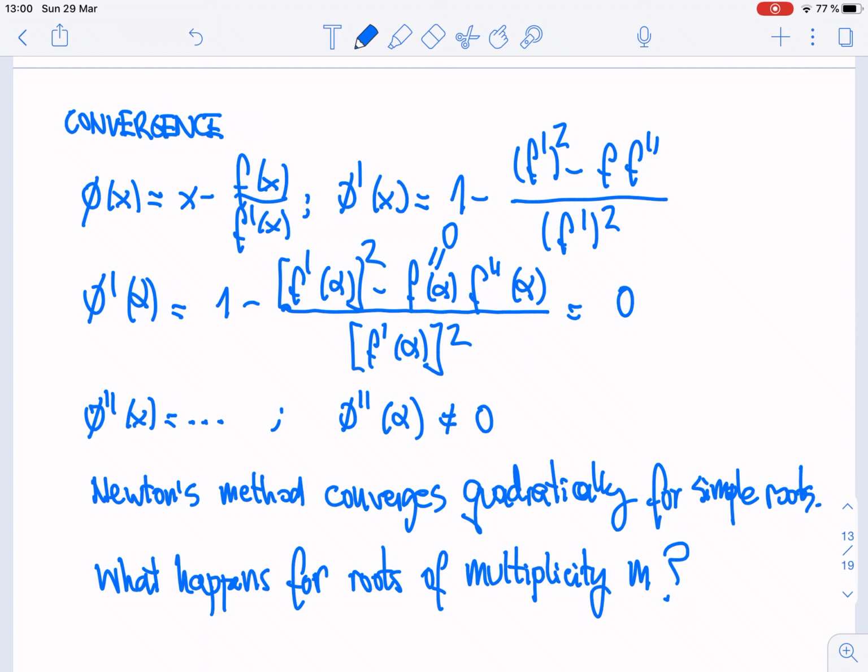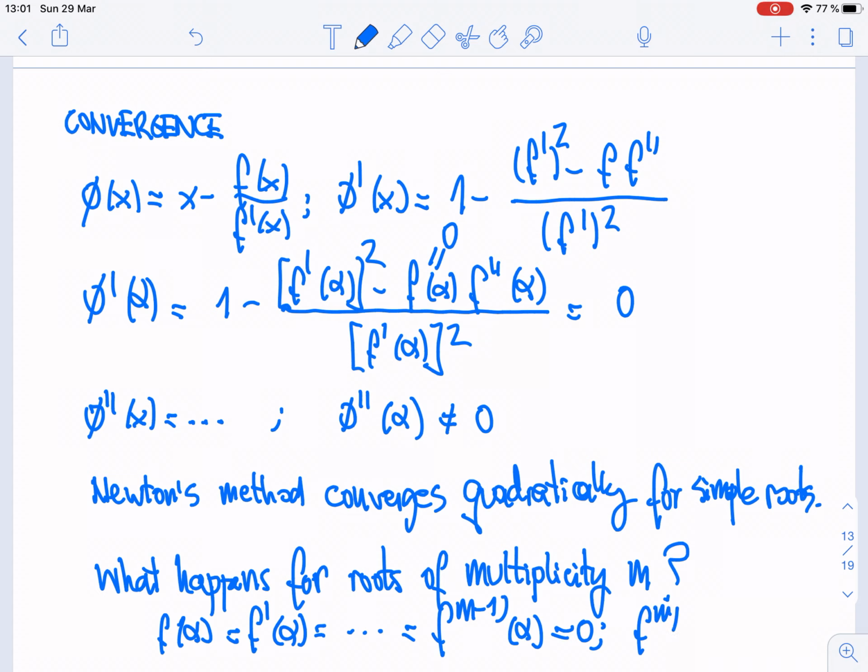That is what happens if f alpha equals f prime alpha equals up to f derivative m minus 1 alpha equals 0, but f m alpha is different from 0. What happens with the consistency and convergence of Newton's method in this scenario? This we're leaving as an open question.